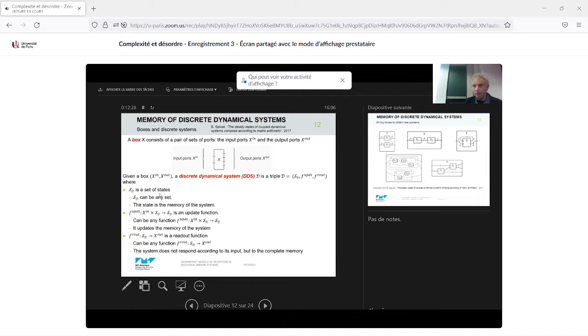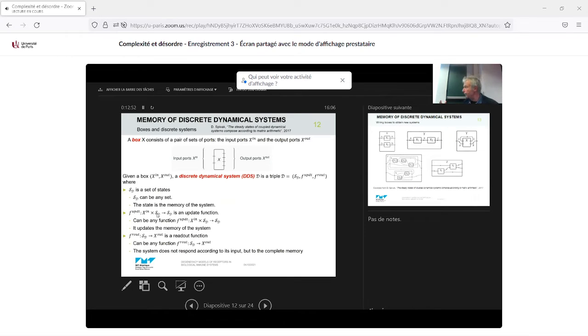The update function's role is to update the state of the system. And it performs this task by taking the input signal into account, taking the current state of the system into account, and on the basis of these two quantities, it outputs a new state.